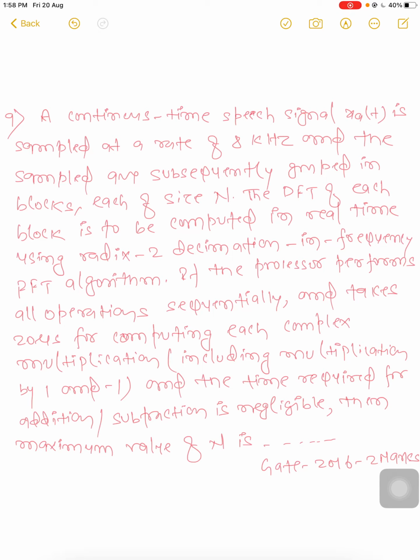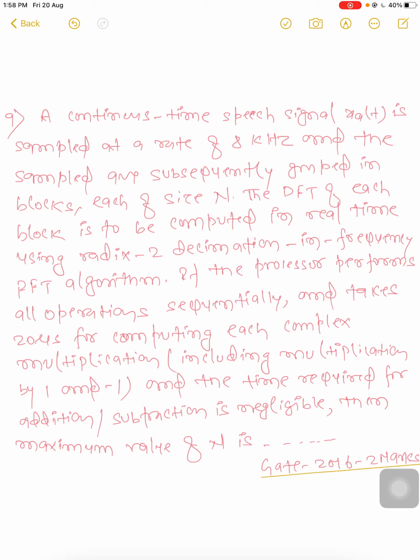Next question is: a continuous time speech signal xa(t) is sampled at a rate of 8 kHz, and the samples are subsequently grouped in blocks, each of size capital N. The DFT of each block is to be computed in real time using the radix-2 decimation in frequency FFT algorithm.